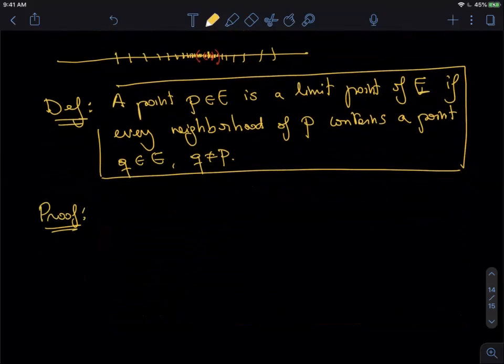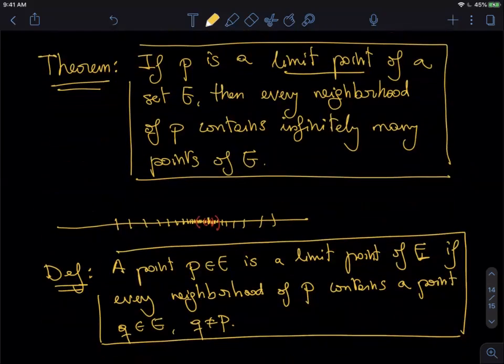Here we are going to do it by contradiction. It says every neighborhood of P contains infinitely many points of E. Let's assume not.